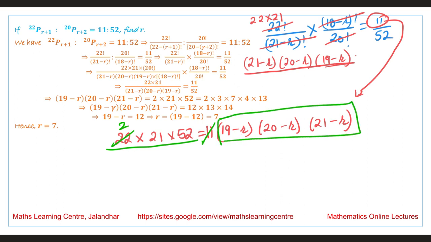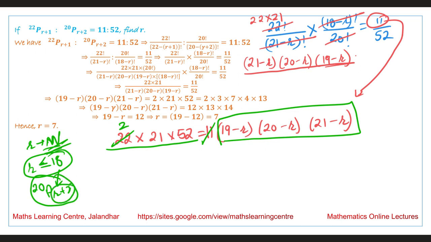We know that r is a natural number, or rather a whole number, and the maximum value that r can have is less than or equal to 18, because we have the term 20P(r+2), and if we substitute r as 18, this value will become equal to 20.